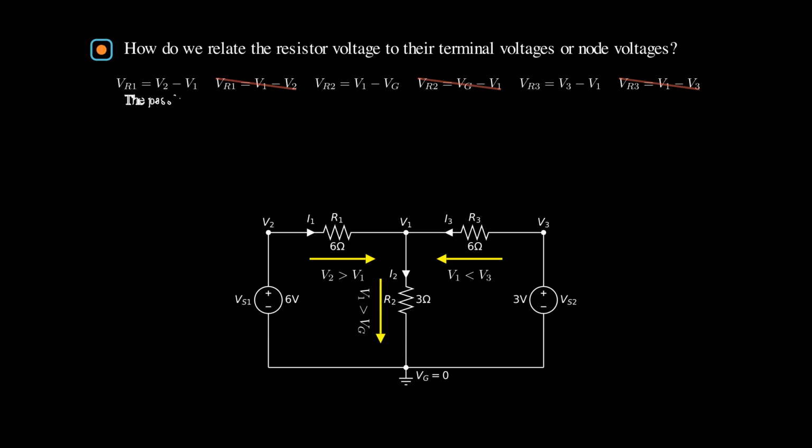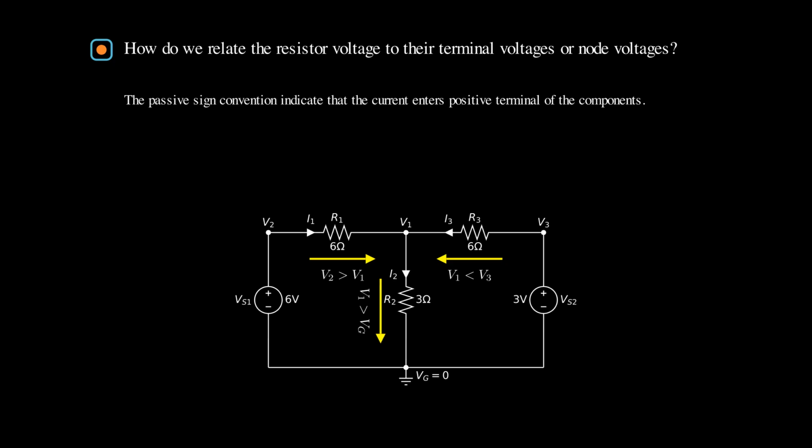Essentially, we are following the passive sign convention, which indicates that the current enters the positive terminal of the components. Now let's use the passive sign convention to explicitly label the voltage polarities across the 3 resistors. For R1, the current enters the left, so the left terminal should be labeled as positive, and the right terminal is negative.